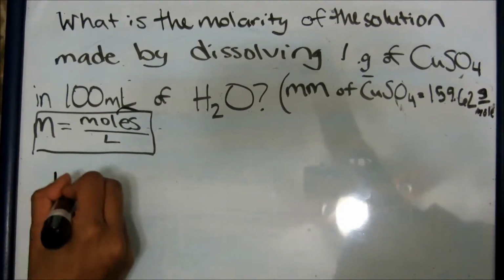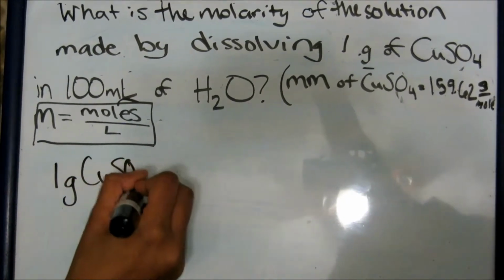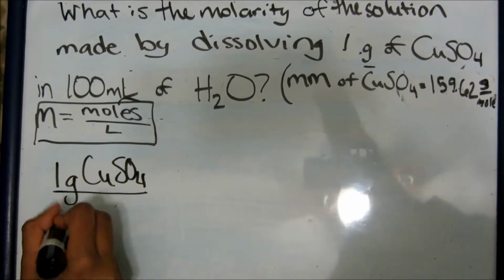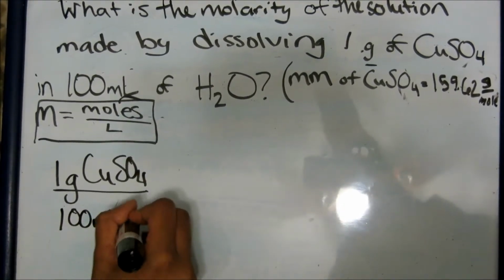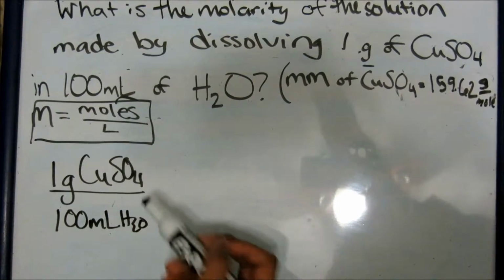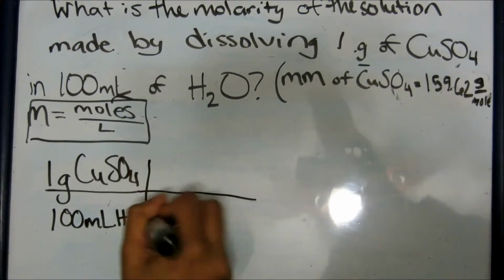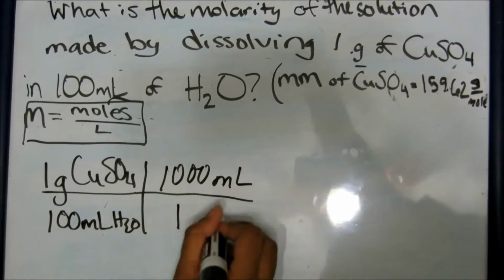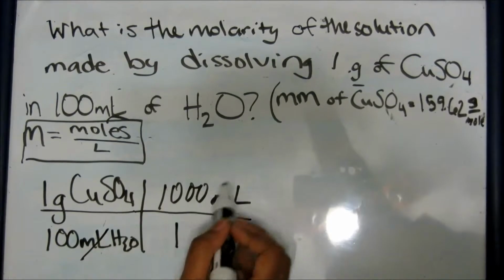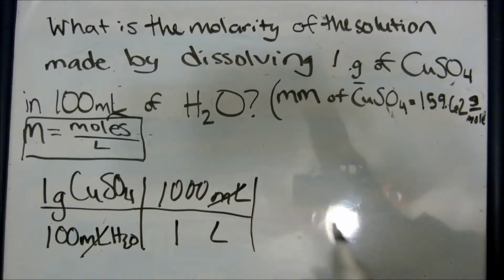So 1 gram of CuSO4 over 100 milliliters of H2O, which is copper 2 sulfate and water. We already know that 1,000 milliliters is in 1 liter. Milliliters is crossed out. And now we find copper 2 sulfate.